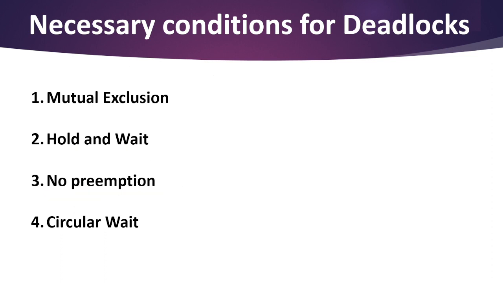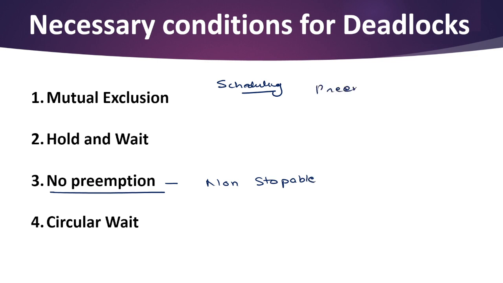Third type is no preemption. In CPU scheduling, we have already discussed preemptive and non-preemptive algorithms. So this is non-preemption. Non-preemption means non-stoppable, and preemption means stoppable.